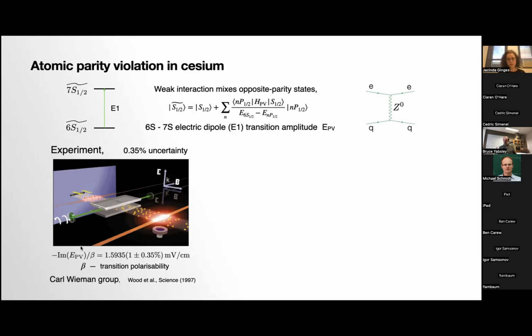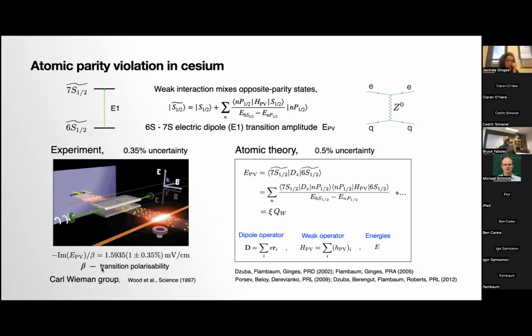So in order to derive the nuclear weak charge from their experiment, you need a value for beta, which is supposedly well defined, but has changed recently. And as well as that, you need to have an atomic determination of this parity violating amplitude, which gives you this atomic structure factor times the parameter nuclear weak charge, which is extracted from comparison with the measurement.